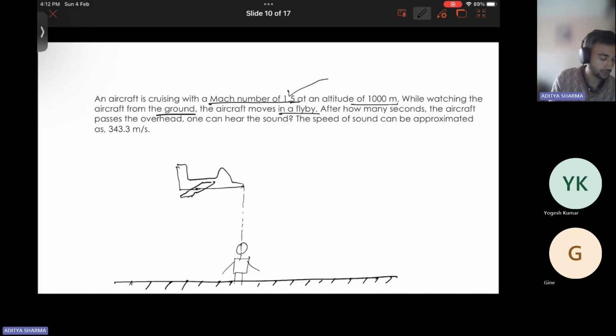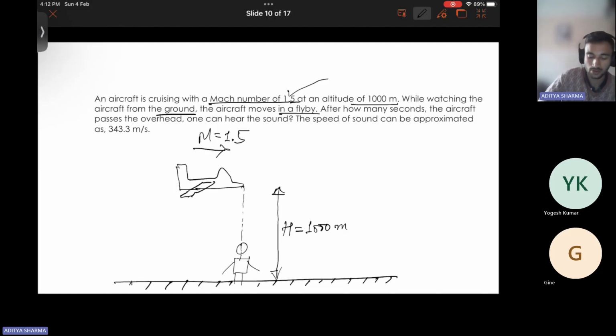We just also solved a question related to that. Now this has been given to us. It is moving with a Mach number of 1.5, and then this height has been given to us. Let's call this height h. h is given to us.